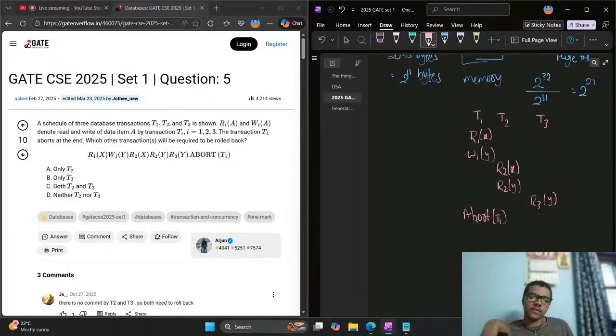About T1. Which other transactions will be required to roll back? So it is aborting. Which other transactions need to be rolled back?